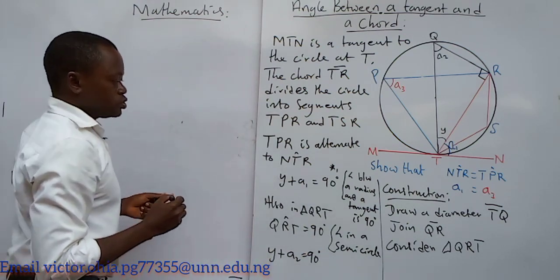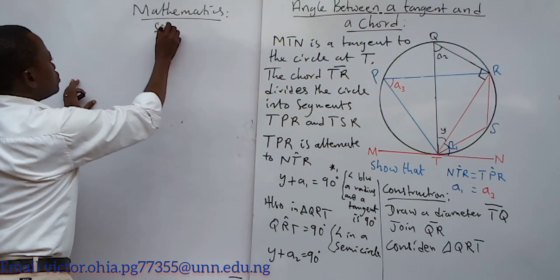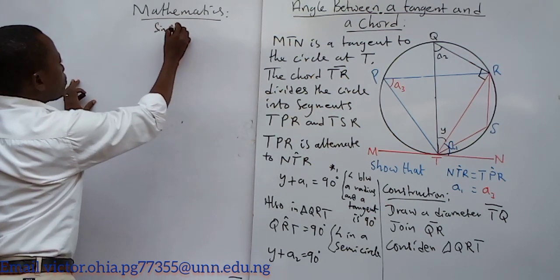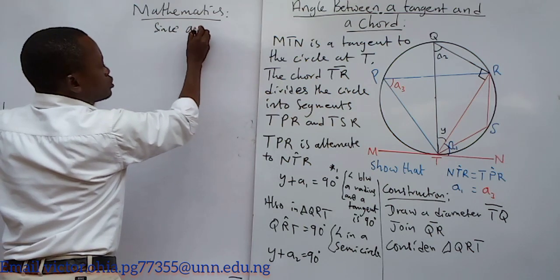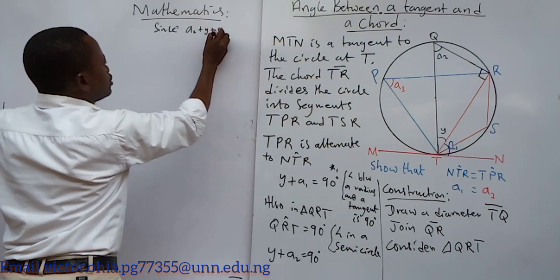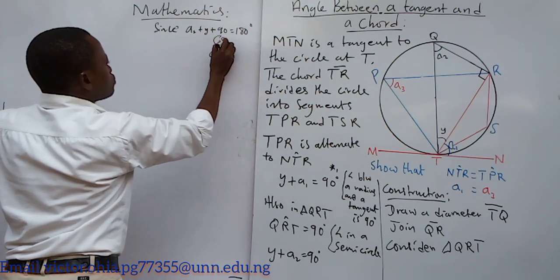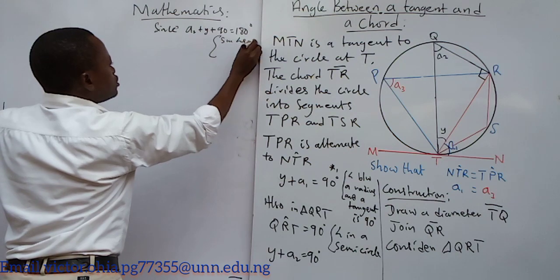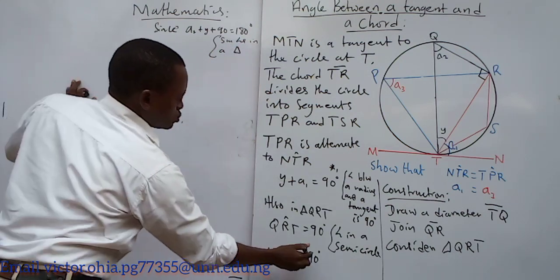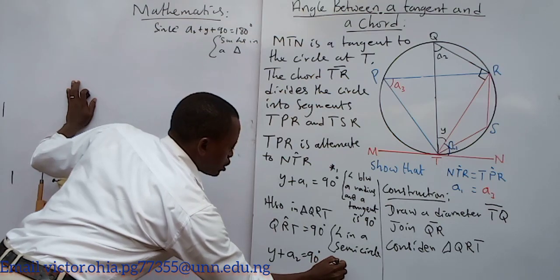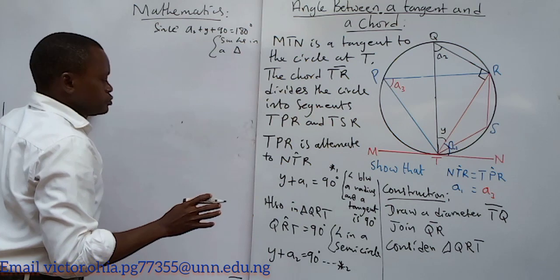I would say since A2 plus Y plus 90 is equals to 180 degrees, you say sum of angles in a triangle. So this holds. I can call this star 2. Wow. So let's move on.